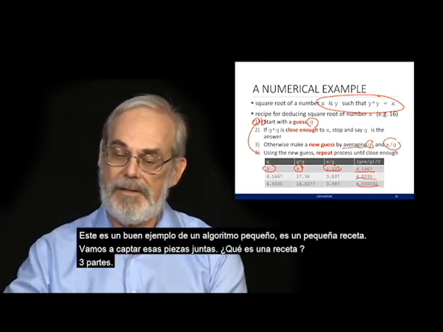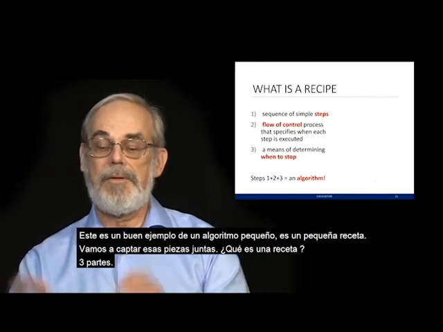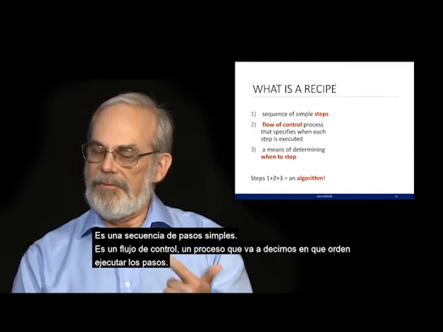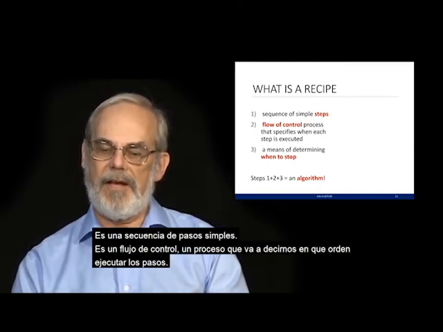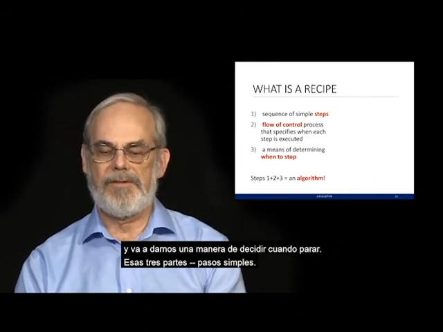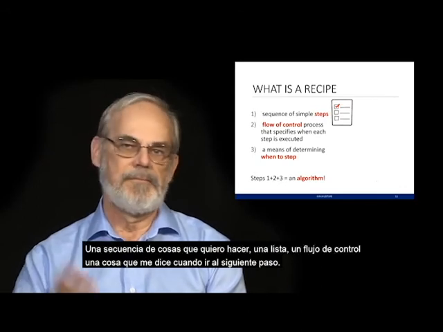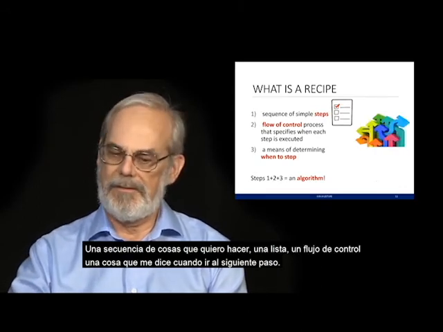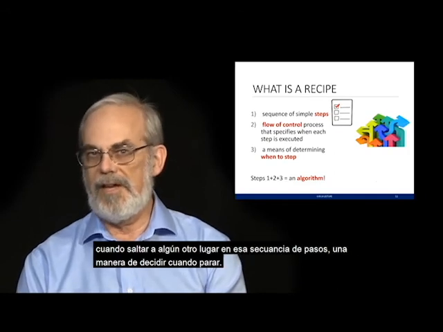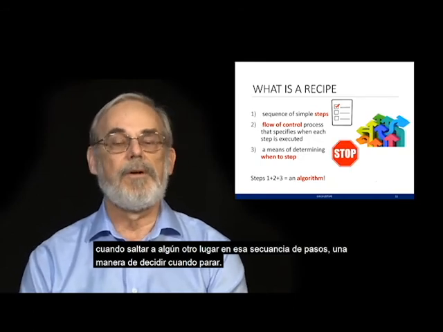It's a little recipe. And let's capture those pieces together. What's a recipe? Three pieces. It's a sequence of simple steps. It's a flow of control, a process that's going to tell us in what order to execute the steps, and it's going to give us a way of deciding when to stop. So those three pieces: simple steps, a sequence of things I want to do, a checklist; a flow of control, a thing that tells me when to go to the next step, when to jump to some other place in that sequence of steps; and a way of deciding when to stop.